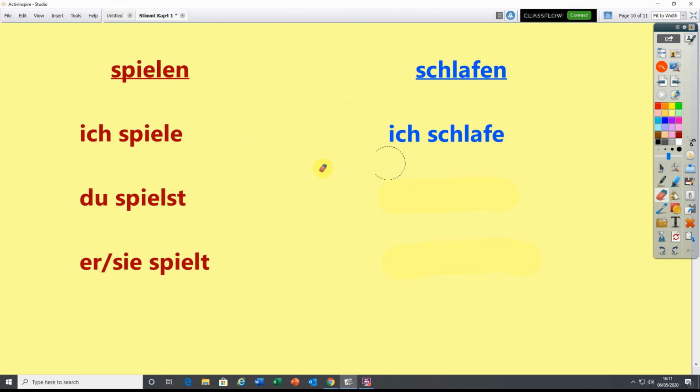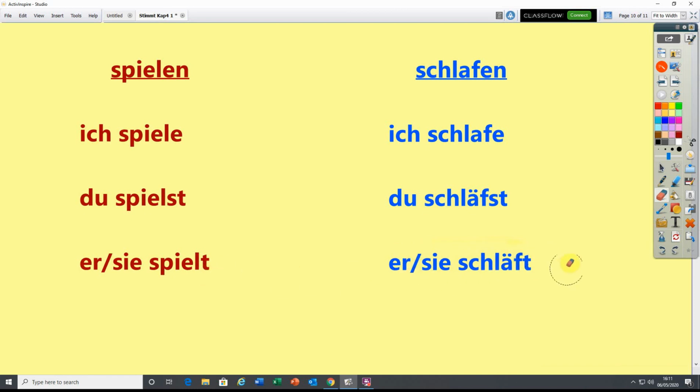But it's in the du and the er, sie, es forms that the irregular verbs become irregular. So the st ending we would expect, we still have that. But what has happened is, for this particular verb, we've added an umlaut on that A. So we've gone from ich schlafe to du schläfst. Du schläfst. And in the er, sie, es form, again, the ending is what we would expect.